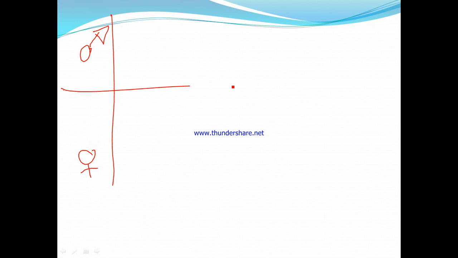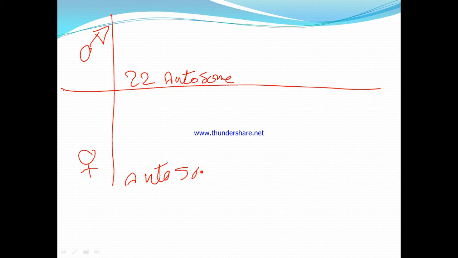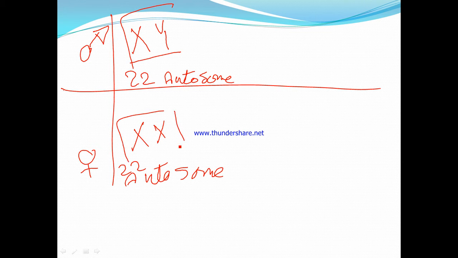Okay, we have male and female. Both of them carry 22 autosome pairs, but they differ in XY or XX.